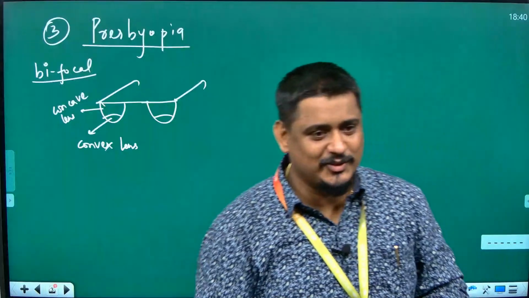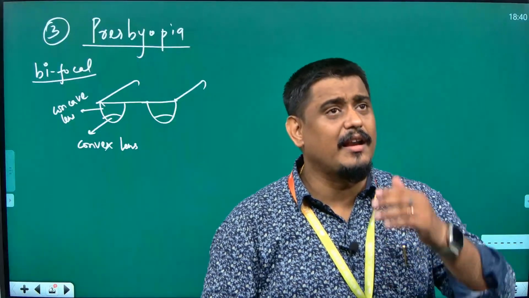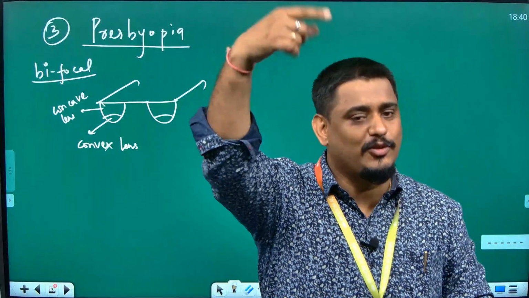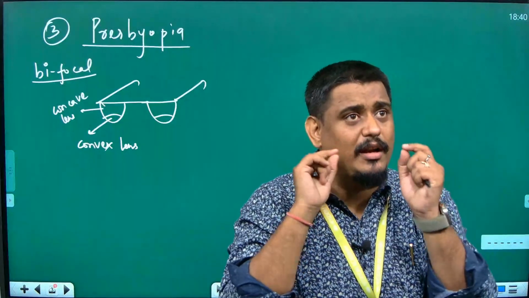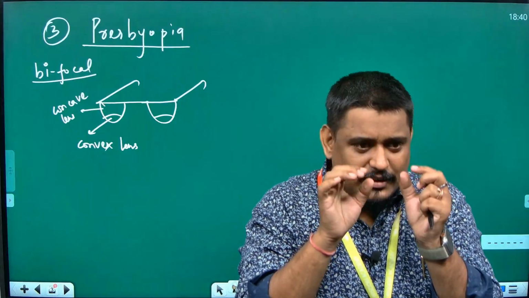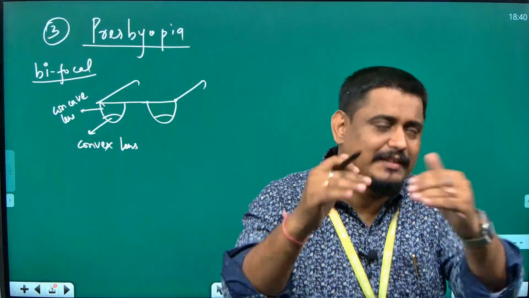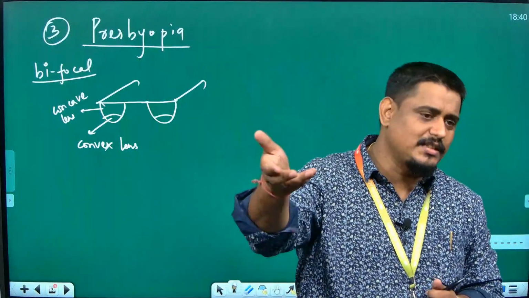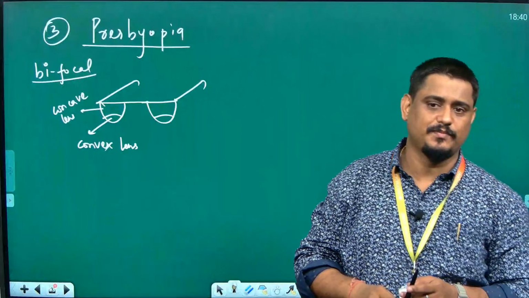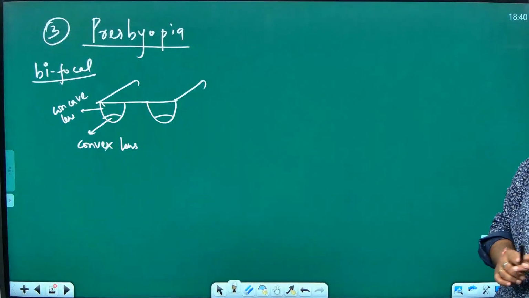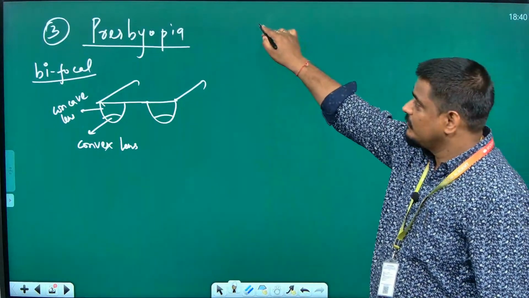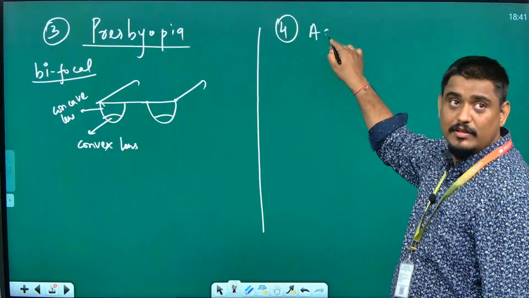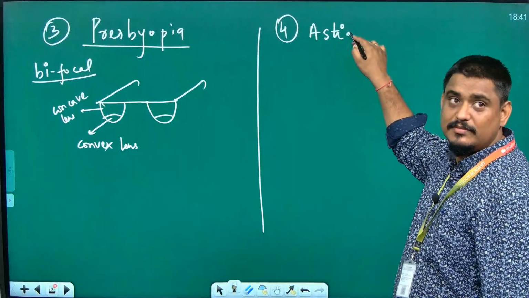Earlier, they used to make you see far things and near things, with A, B, C, D written on it, and ask you to read it. Then they put your eyes in some machine. So if your near point or far point has changed, they will recommend you to put on the lens.